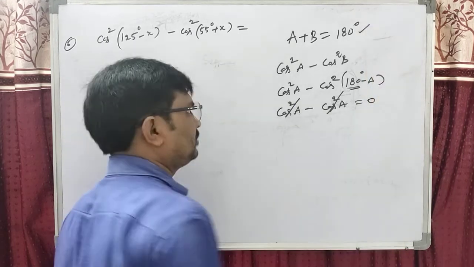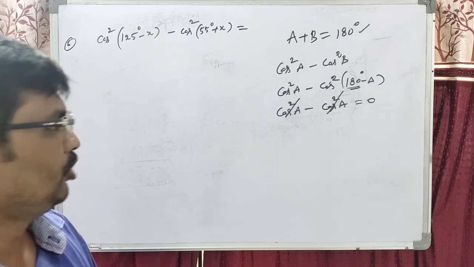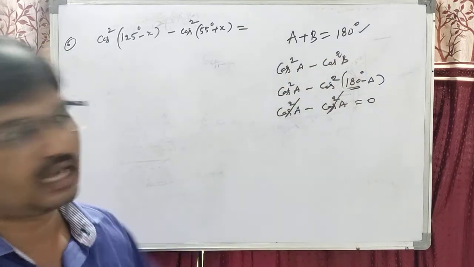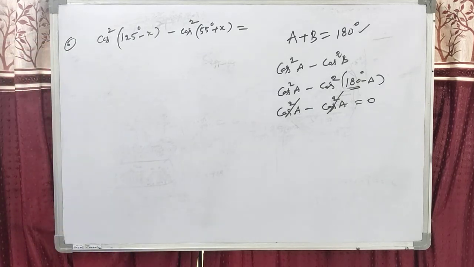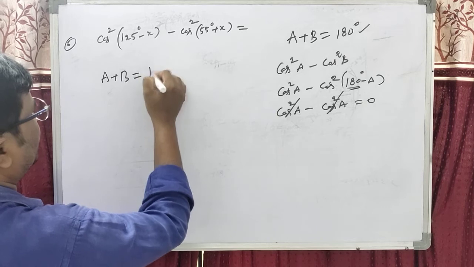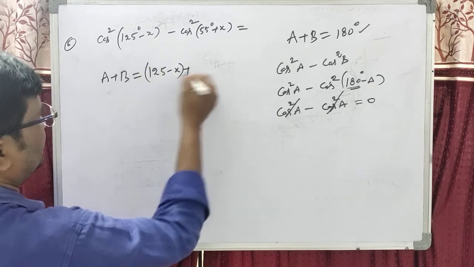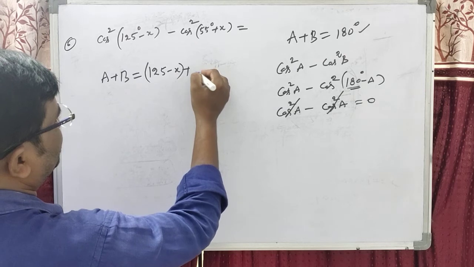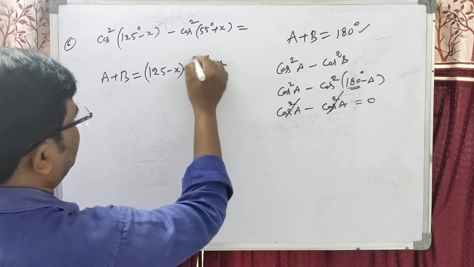When the sum of the angles is 180 degrees, you can write cos square A minus cos square B, undoubtedly 0. Dear students, here we are taking A plus B. A is taken as 180 minus x, and B is taken as 55 degrees plus x.